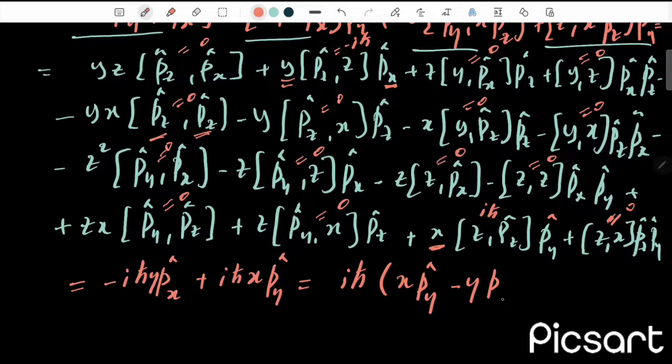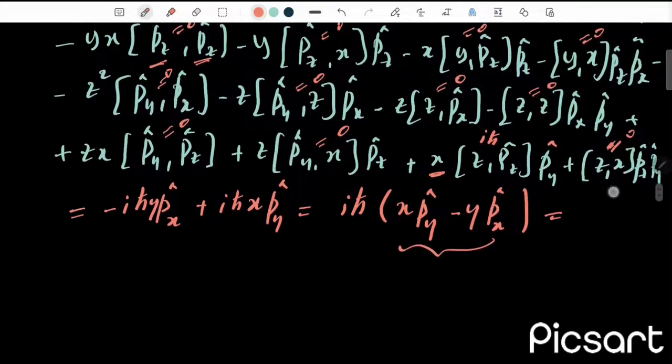Here x, then y px. This is actually, as we can see from here, the z component of the angular momentum, and then we have here i h bar Lz.